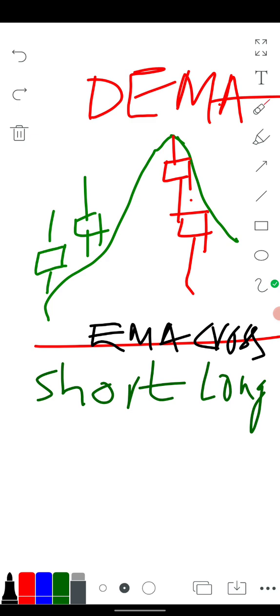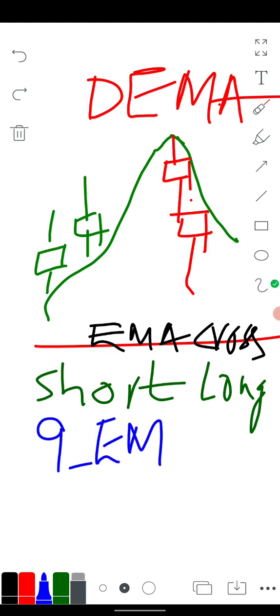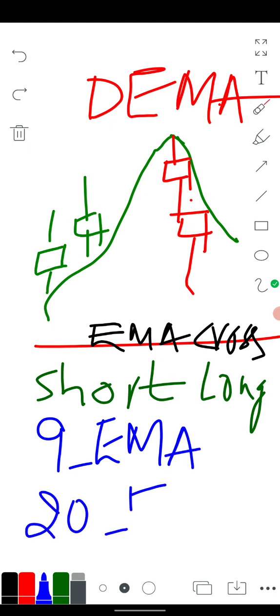And in this, as I've said, short and long, two lines, right? Short is nothing but a short period, few or less number of periods. And the standard is considered as 9 EMA, nothing but the last 9 close prices, and 20 or 26 EMA for long. This is generally considered.